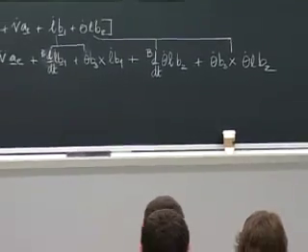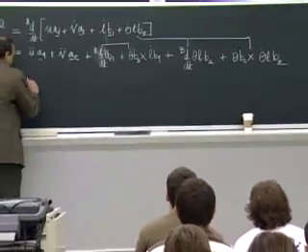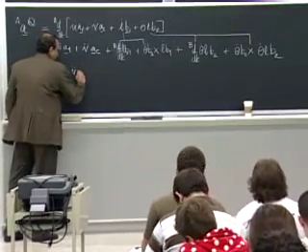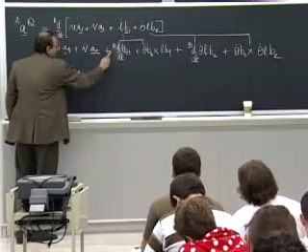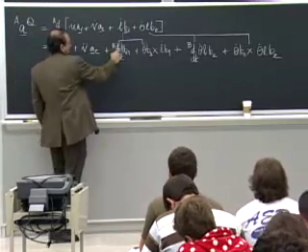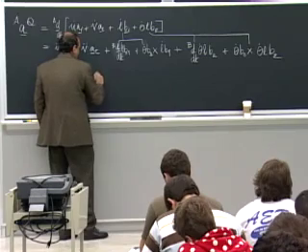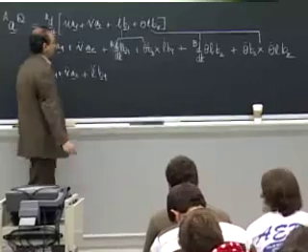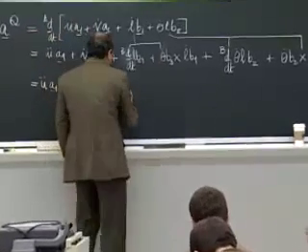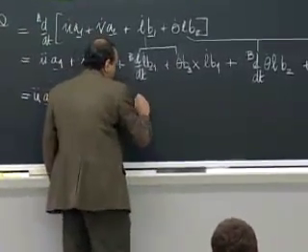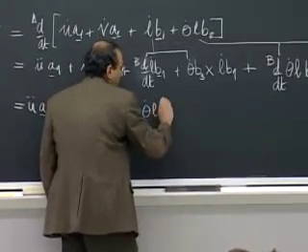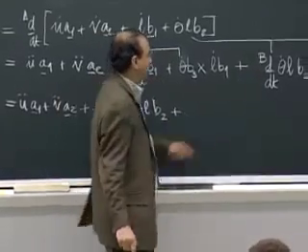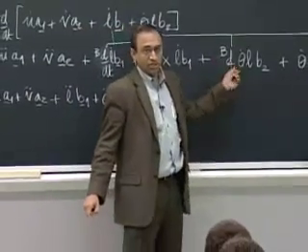Okay, and that is u double dot A1 plus v double dot A2 plus, this is going to be easy now, L double dot B1, and this is going to be what? B2 plus, now we need to do this guy using a chain rule, right?